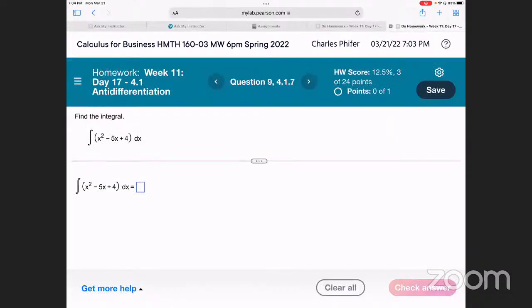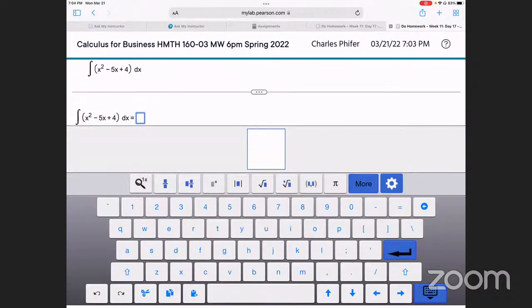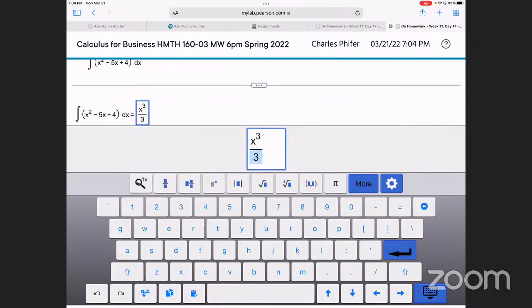Hopefully you can see. Find the integral. I think this one is quick too, right? The x squared becomes x cubed over 3. The next one is minus, I was about to hit plus, so minus 5x squared over 2.